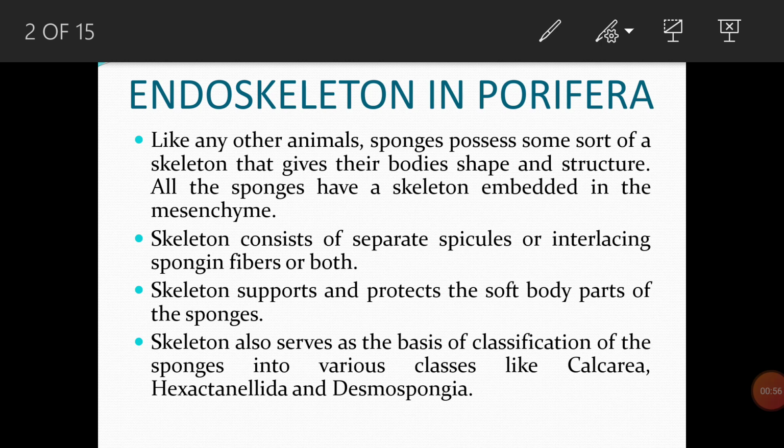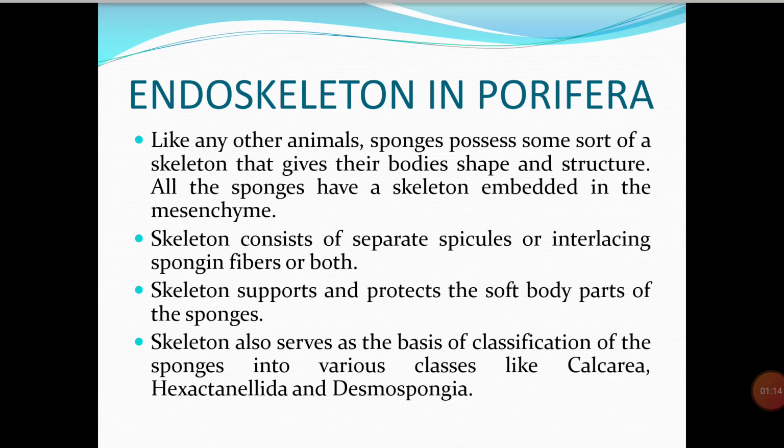The skeleton supports and protects the soft body parts of the sponges. It also serves as the basis of classification of the sponges into various classes like Calcarea, Hexactinellida and Demospongia.